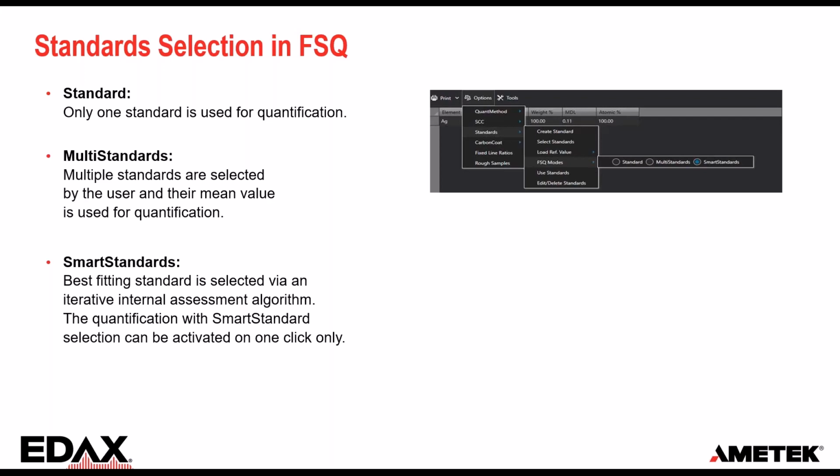And smart standard is a very convenient tool because the software will decide itself which standard it uses. That's what I used in the video. It's an algorithm that searches for a standard with the least matrix correction and applies it for the quantification.